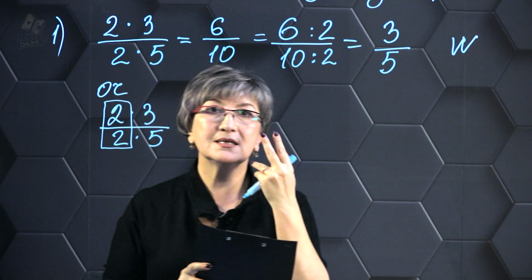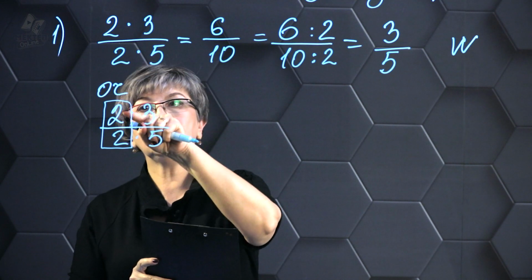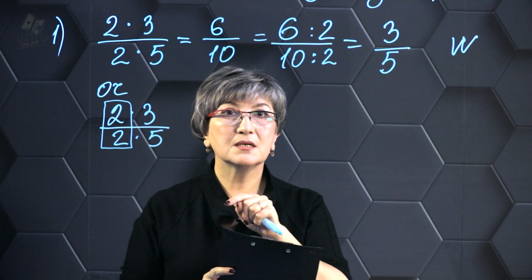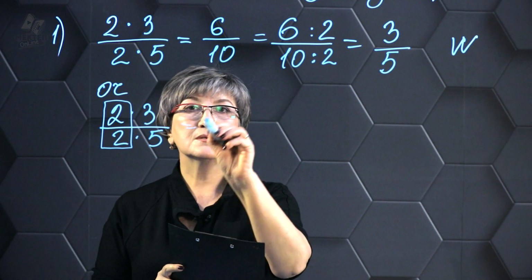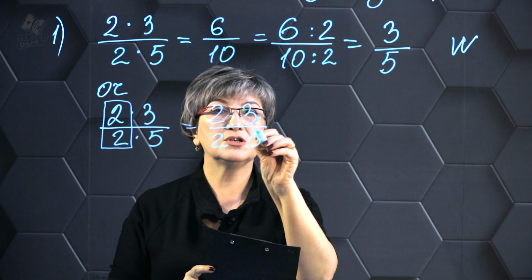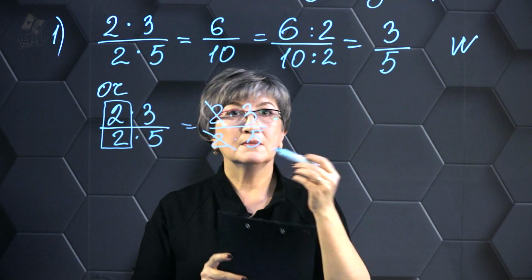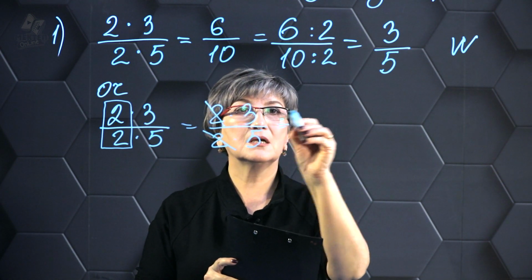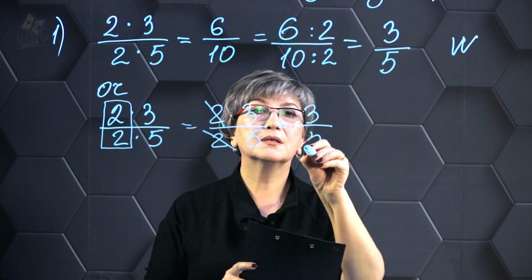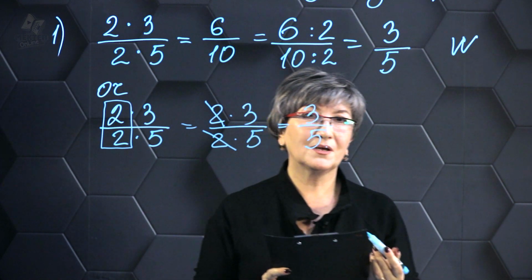Please pay attention, as I have one number that is present in both the numerator and the denominator of the calculation. What actions am I able to take? I can cancel these numbers, crossing out 2 and 2. And at that point, I will be left with 3. That is the entirety of the solution to this example.